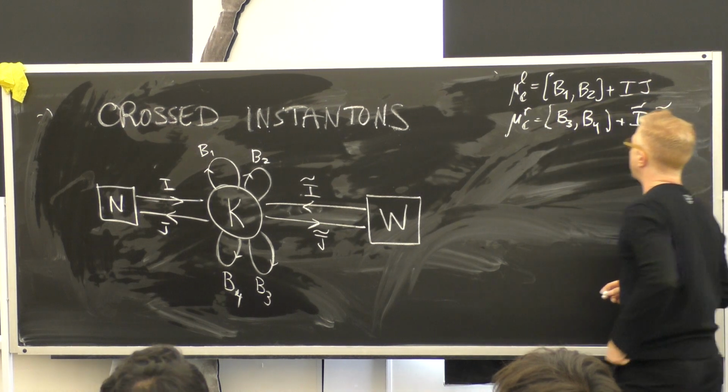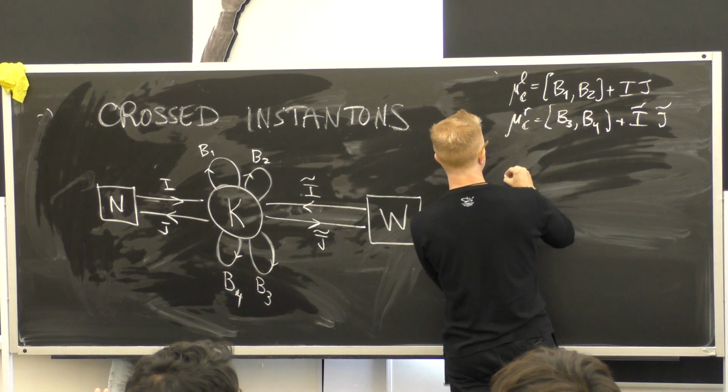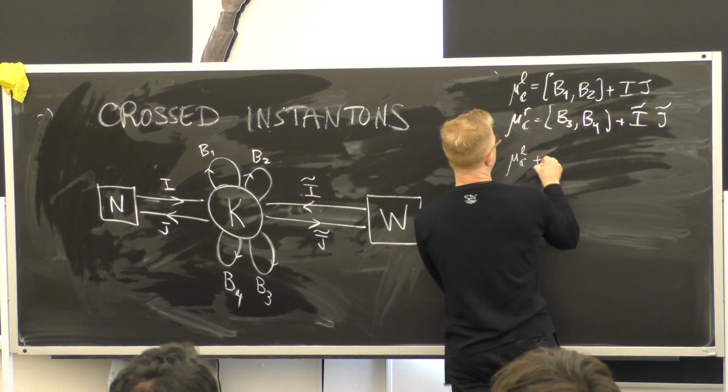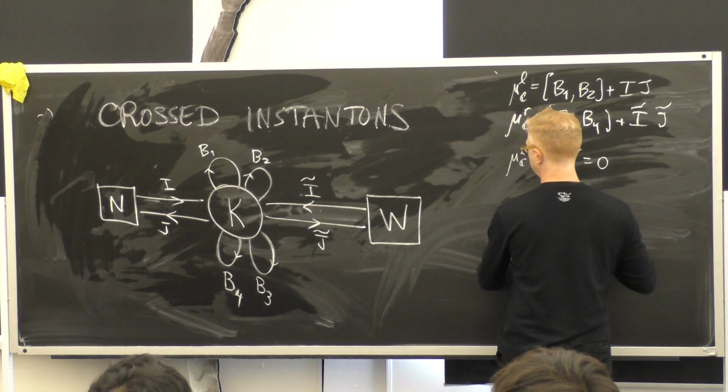And now we will write equations. The equations will be that mu C L plus mu C R dagger is equal to 0.